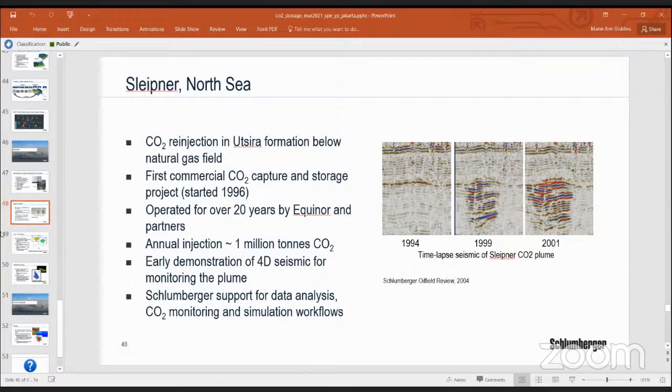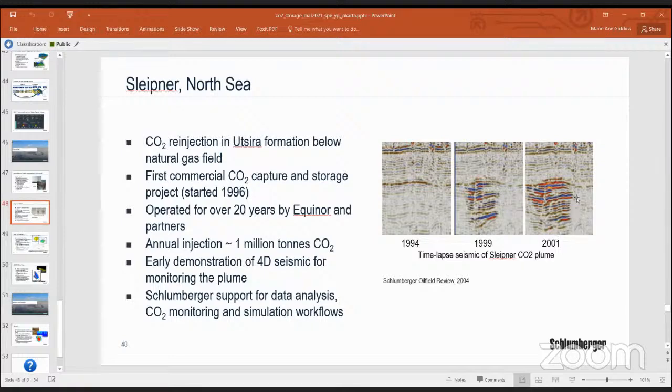So this time-lapse seismic is actually from 20 years ago, and you can see that in 1994, before injection started, there was nothing much that you could see on the seismic plot. By 1999, after 3 years, you could identify where the CO2 plume was.